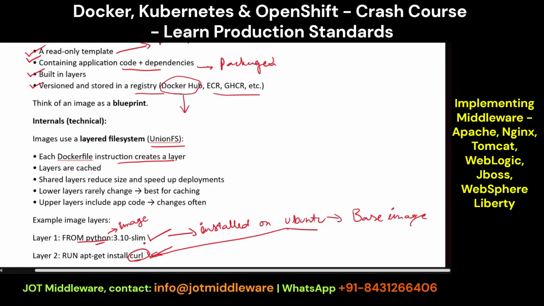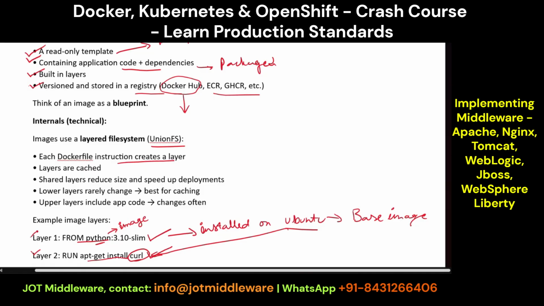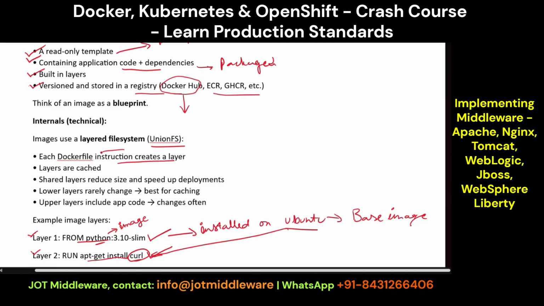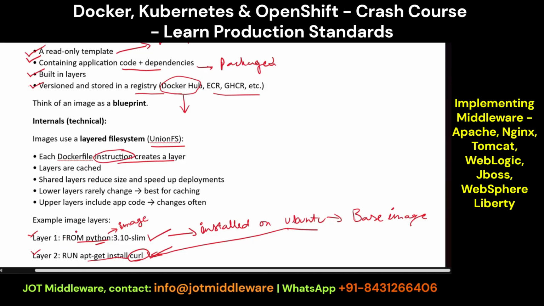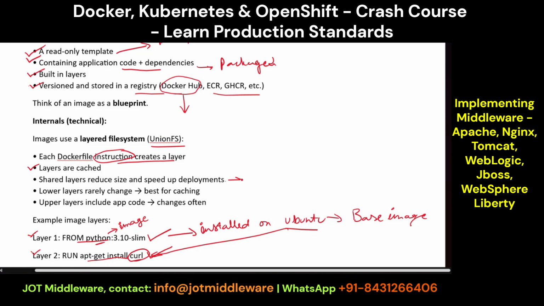Okay, so we'll understand all these things in a while. So you're running one command here, apt-get install curl. So this is the second layer, this is the first layer, meaning each and every instruction you pass forms a layer in Docker. So layers are cached, and shared layers reduce size and speed up deployments.